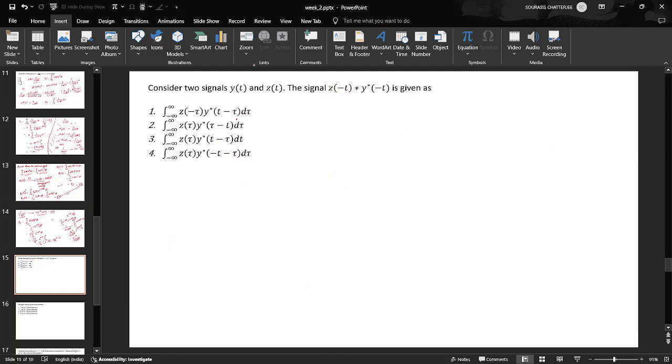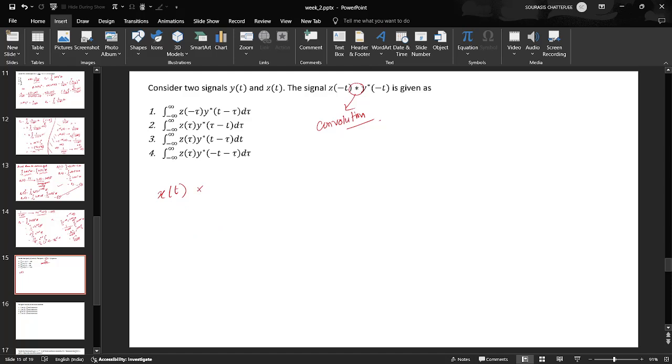So with that, let us proceed to our next question, that we have two signals y(t) and z(t), and we are supposed to find the convolution of them. By the way, this is not multiplication, this one here is convolution. So let's first write the standard convolution notation.